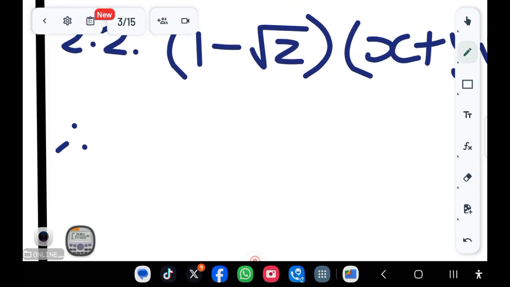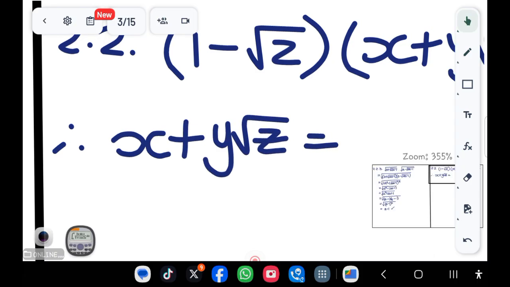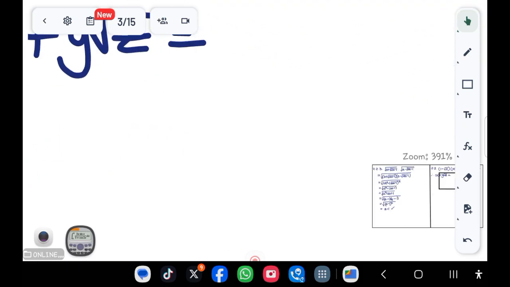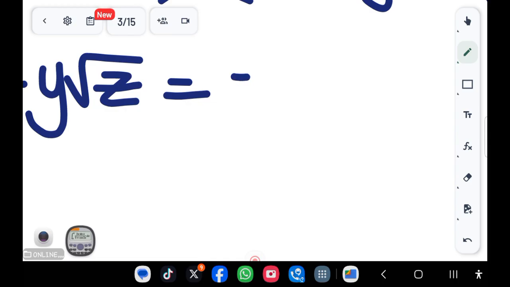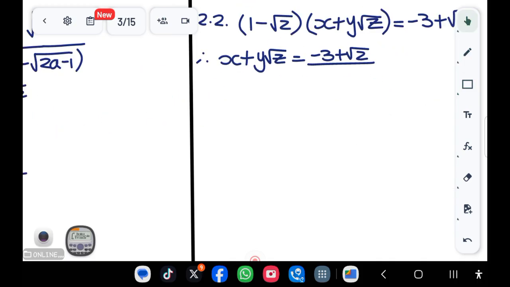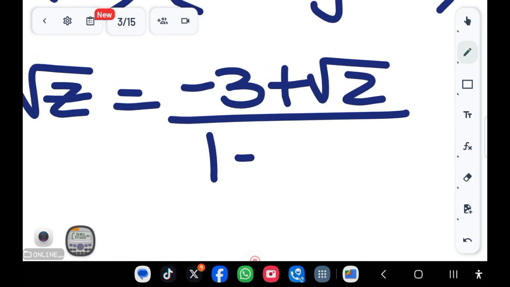That will leave us with x plus y root z on the left hand side, and on the right hand side it will leave us with -3 plus root 2 over 1 minus root 2.